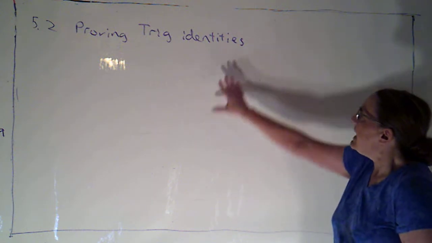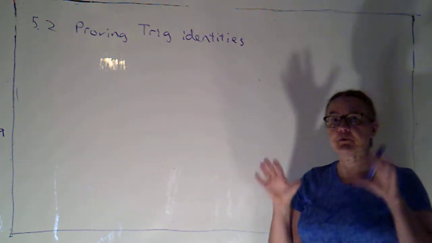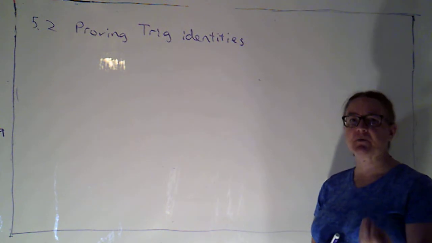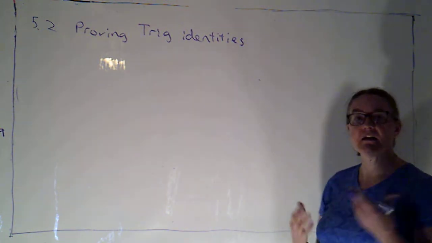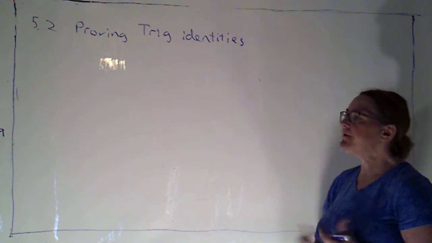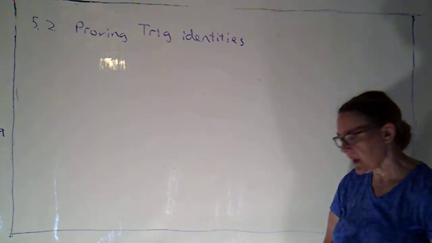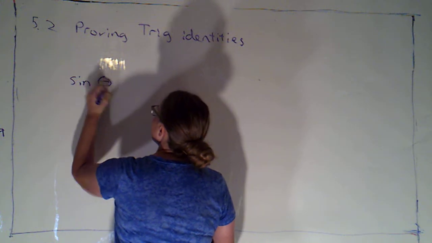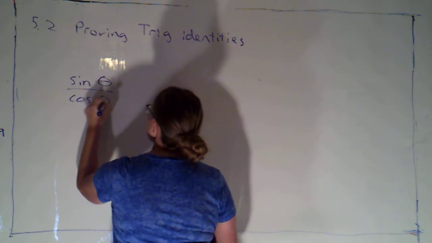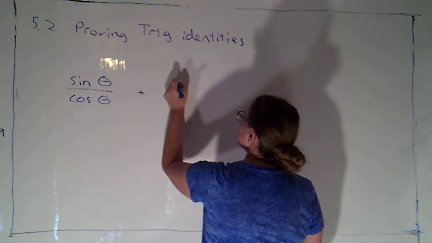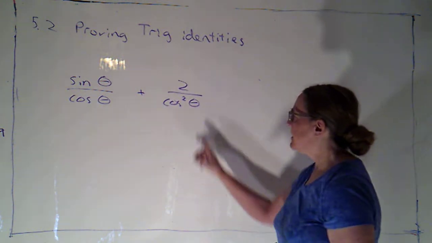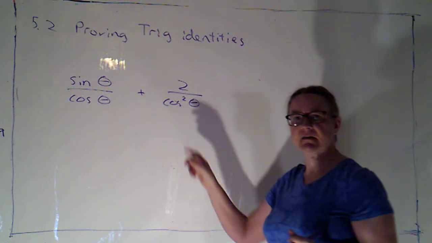Now, before we actually talk about proving trig identities, I want to just review some of the algebra skills that we're going to be using in doing that, and review that in the context of trig. So for example, if I have sine of theta over cosine of theta plus 2 over cosine squared theta, that's two different fractions.